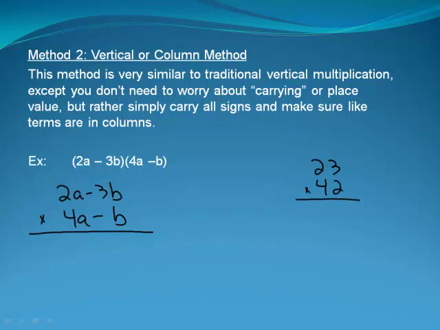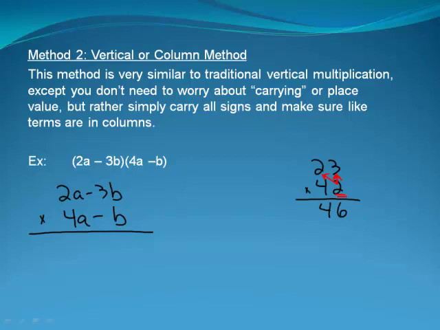You know that from grade school, you were taught to start with the lower number and the place value farthest to the right, and you multiplied that value to each term above it. In other words, you took 2 times 3, and that gave you 6, so you wrote that number down. And then you took 2 times 2, and that gave you 4, and you wrote that next to it.